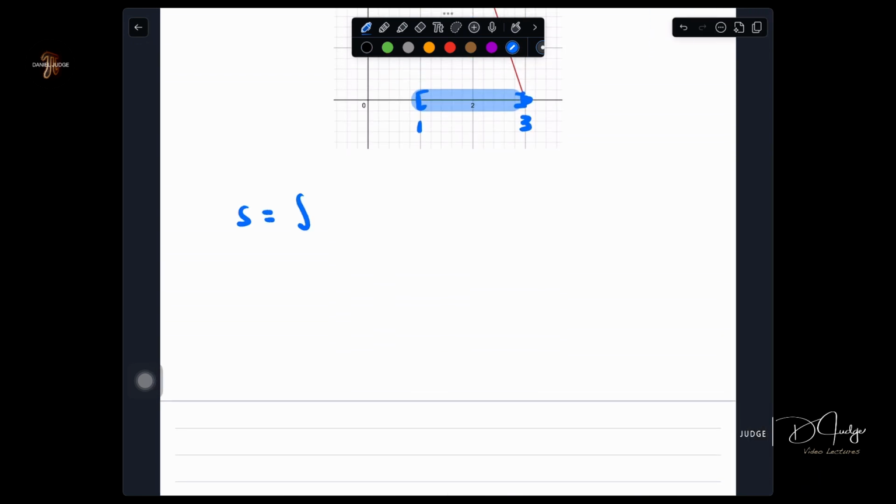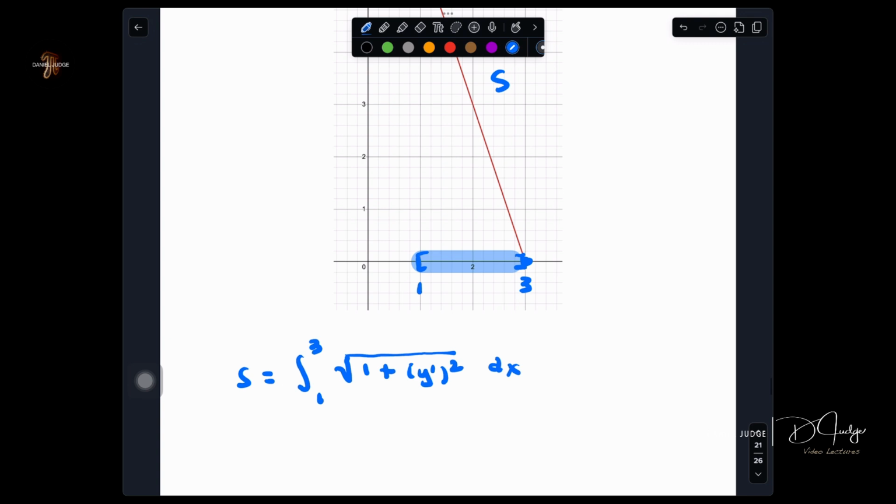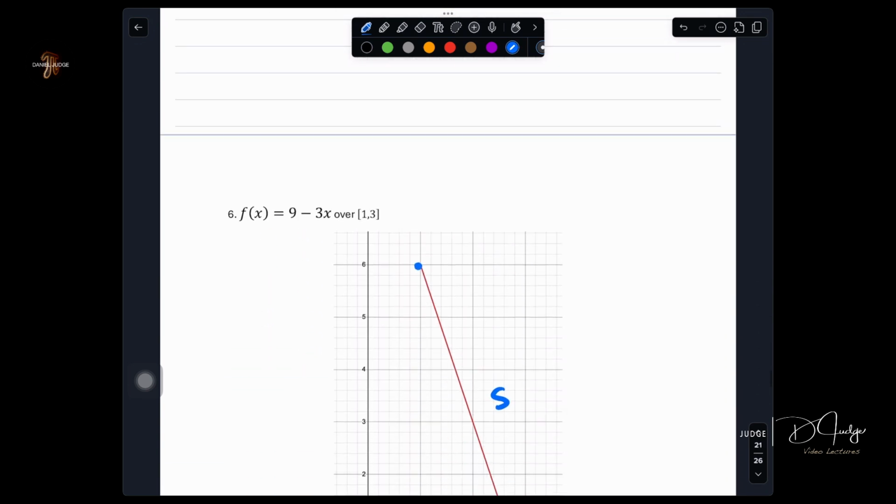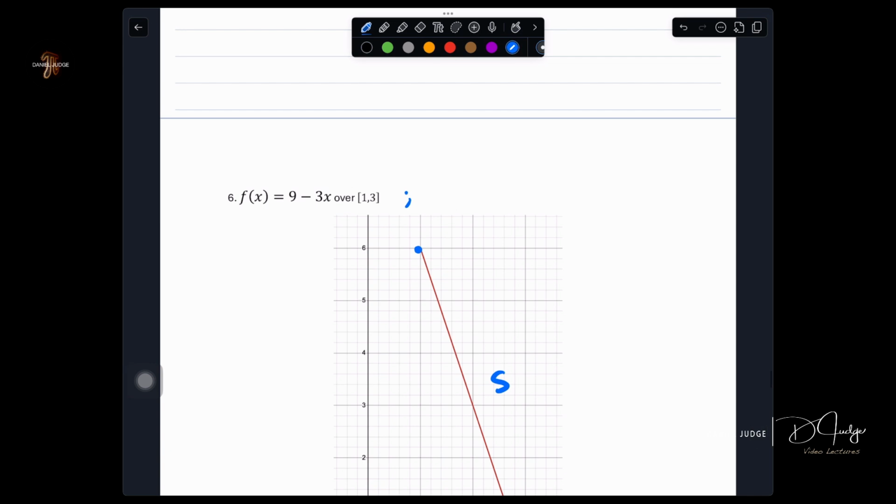Arc length is the integral from 1 to 3, square root of 1 plus y prime squared dx. So when your function here is y equals, because y is f of x, 9 minus 3x, we're going to have to find that derivative.